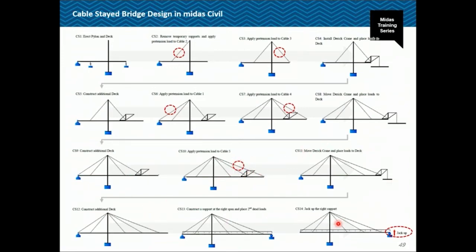It goes up till CS13 on the right, where you construct a support at the right span and place the second dead loads, which are your SIDL loads or crash barrier loads, and CS14 would be the right support jackup. The red ones which are shown are my unknowns.